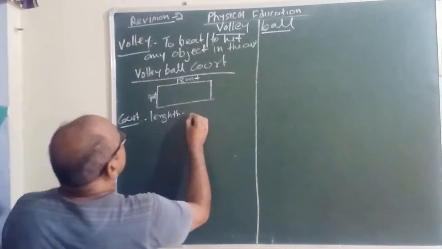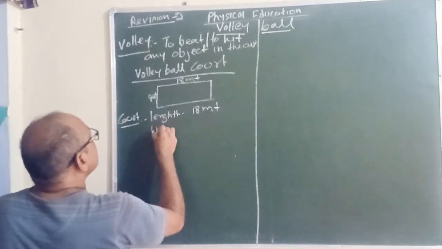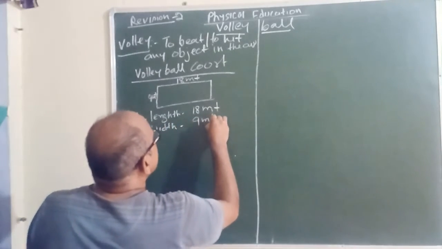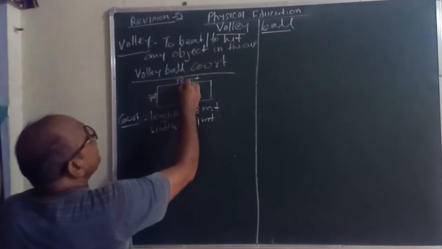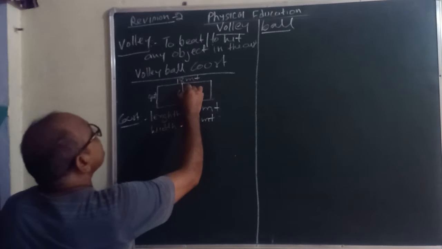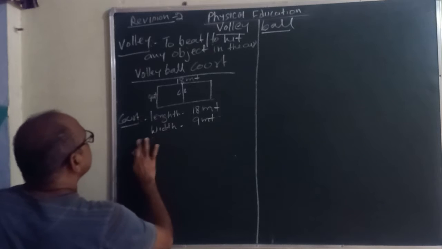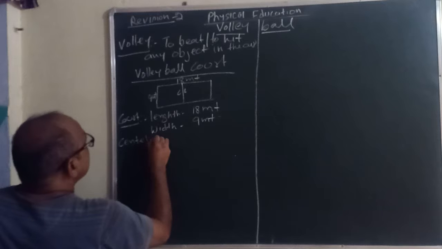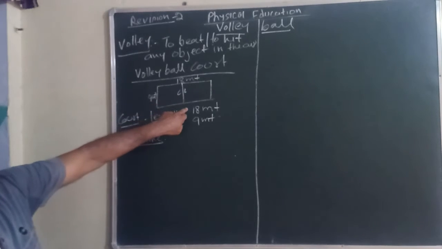Length of the court is 18 meter and width of the court is 9 meter. And after that, you have to draw one line in the center of the court, and this line is called center line. It will be in the center.